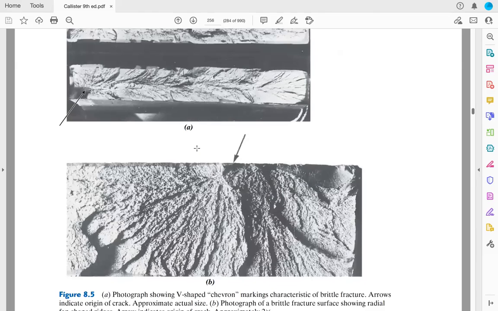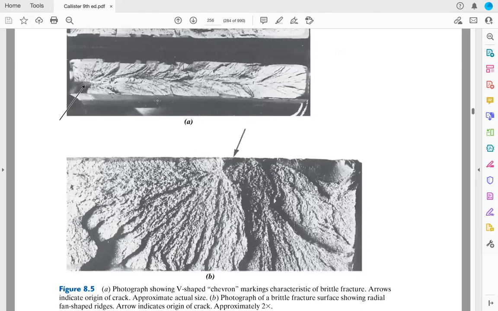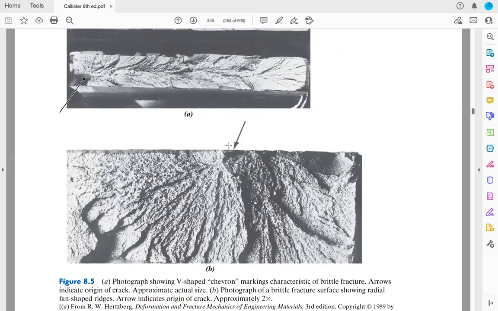This one also has a photographic characteristic like a V-shaped marking, so this is going to be the origin of the crack. Then it will propagate really fast, and that is the direction. And here, if this is a piece of metal that divided into two, the brittle fracture surface shows a radial fan-shaped ridge, and this arrow will indicate the origin of the crack.